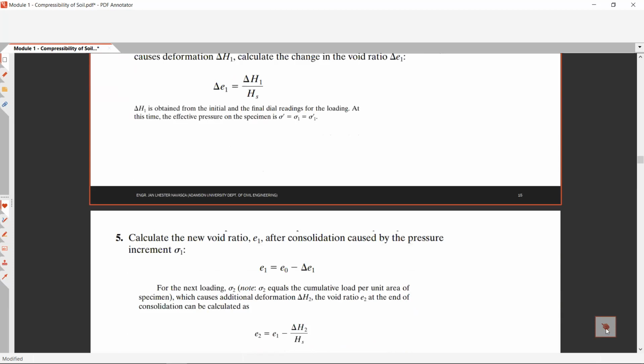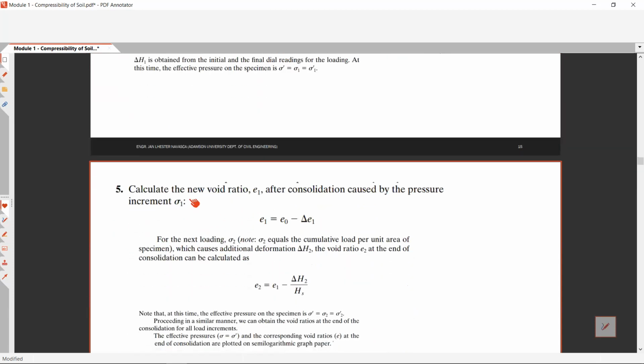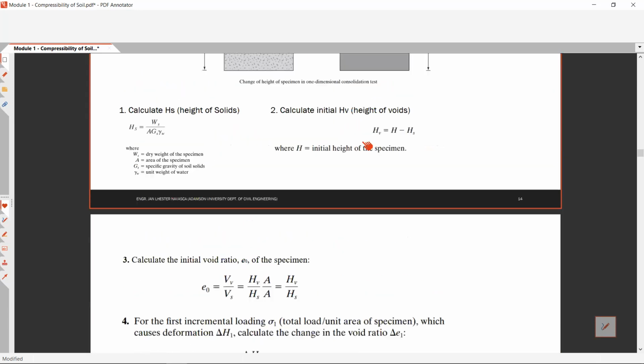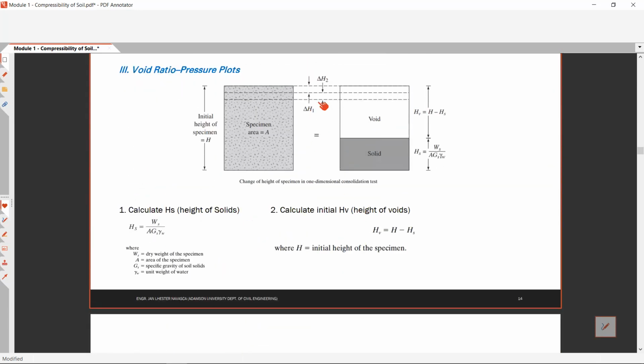Okay. Next natin is calculate the new void ratio E sub 1 after consolidation caused by the pressure increment sigma 1. Since parang stage 2 na tayo, i-increase natin gradually yung sigma, yung stress. So magkakaroon pa ng panibagong change in H, that is change in H2.